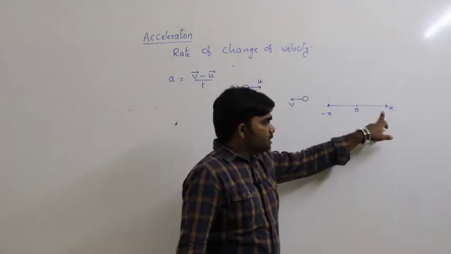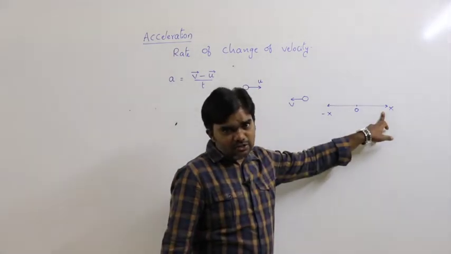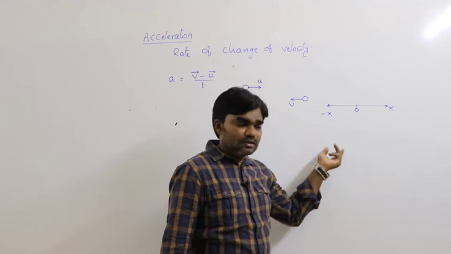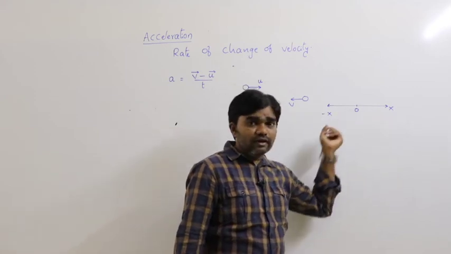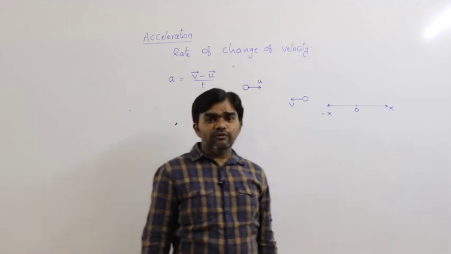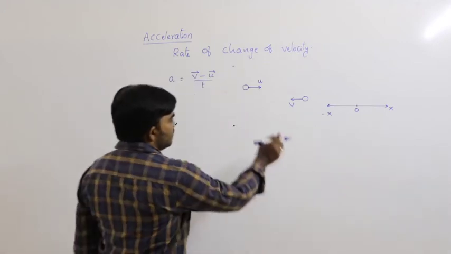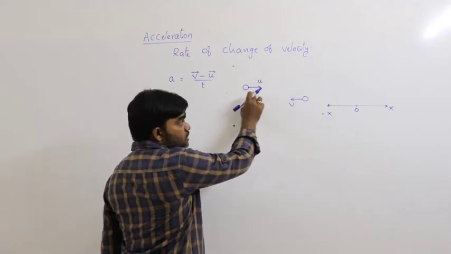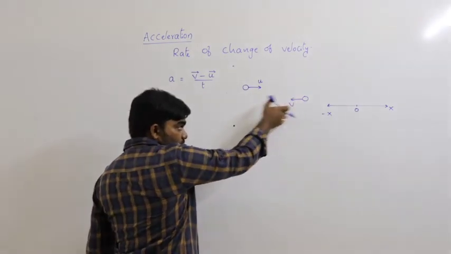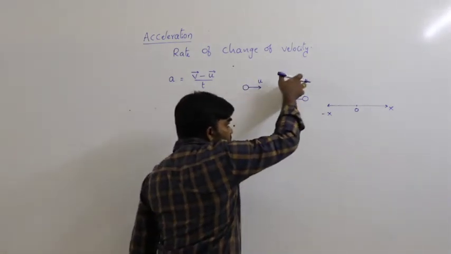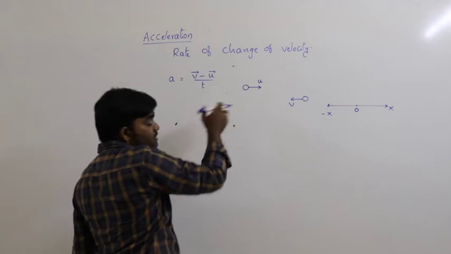In the positive x-axis the values are positive, but in the negative x-axis the values are negative. In the same way, if in one direction the vector is positive, in the opposite direction it must be negative. If this direction is considered positive, this is negative, or if we consider this positive, then this is negative.